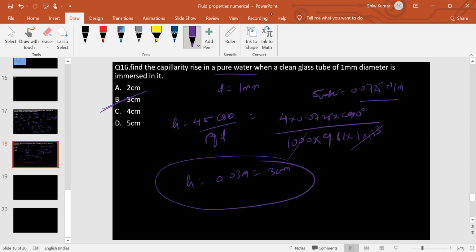Please revise all the fluid properties. These are the basics for fluid mechanics, and everywhere you need to use this data.